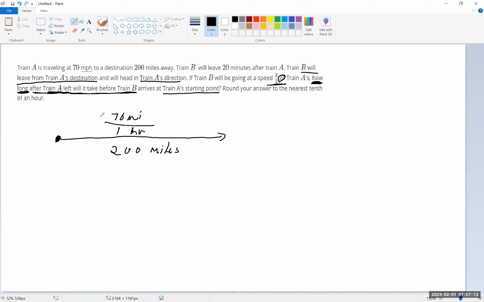That might not be something that comes to you automatically, but I think it may be useful in this case. And this is train A's destination. I'm using that word because that's the phrase they use here to help us understand what's happening.